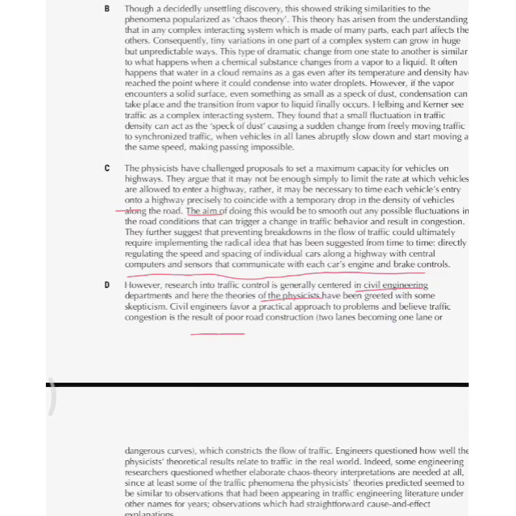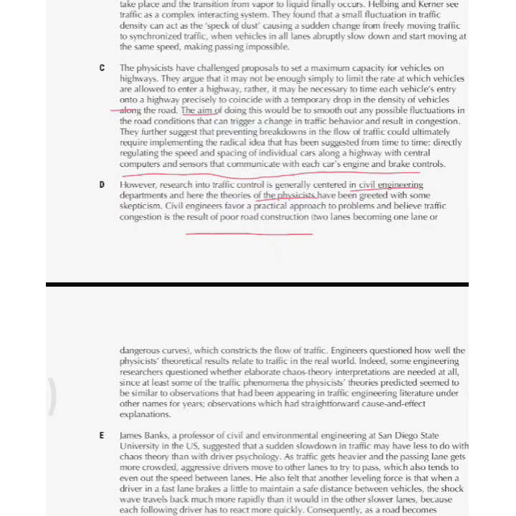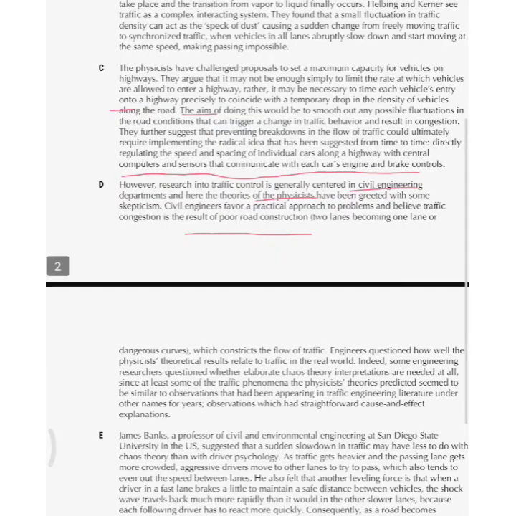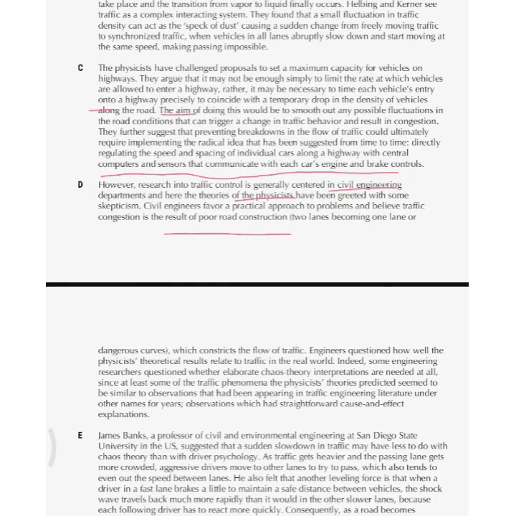Civil engineers say poor road construction, right, which constricts the flow of traffic. Engineers have questioned how well the physicists' theoretical results relate to traffic in the real world. Indeed, some engineering researchers questioned.